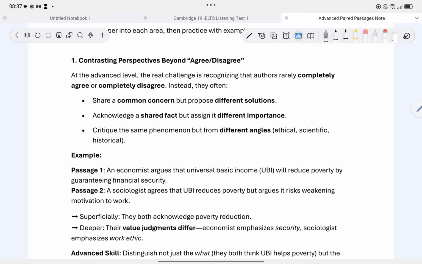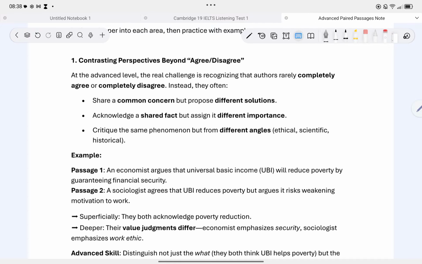Also, you could read a paragraph where what matters is not whether or not they agree. What matters is can you see the subtle things beneath the lines, or between the lines rather.